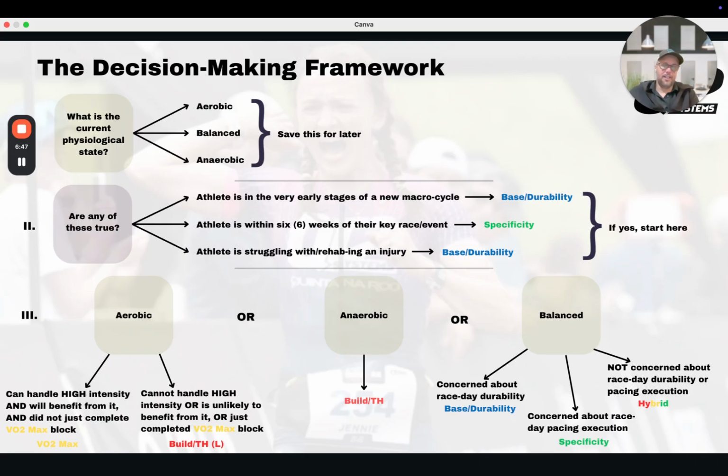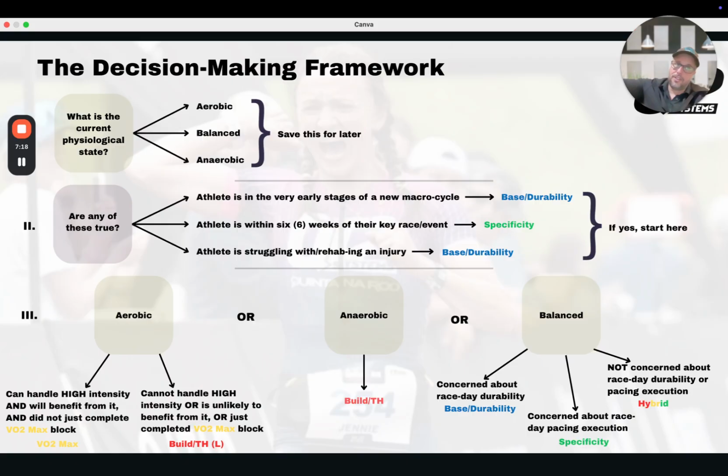Then the coach decides, okay, now that I have this recommendation of what kind of block type the athlete should be training, are there any contextual nuances that may change this information? Okay, and then the coach makes a decision from there. But this is a basis upon which to make a decision, and any decision other than the output can be justified through any level of means, depending upon the contextual nuance for the athlete.